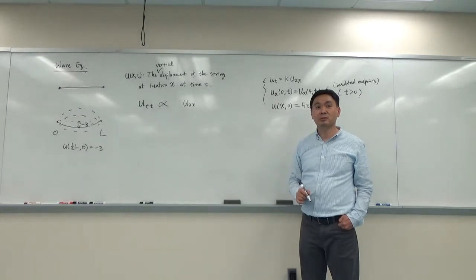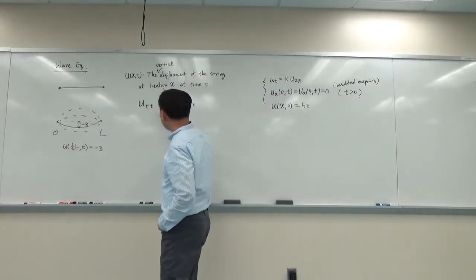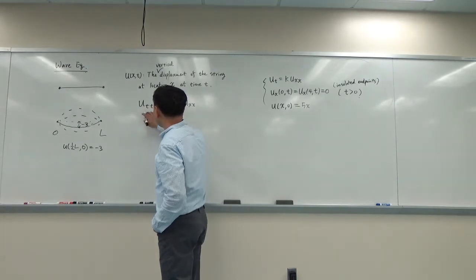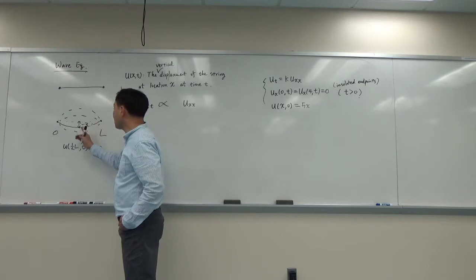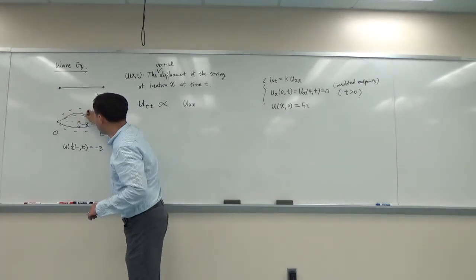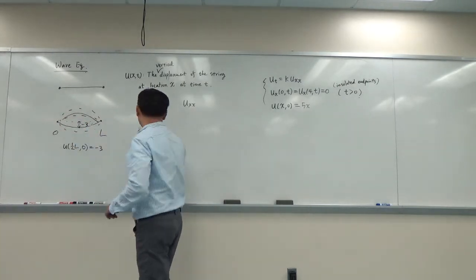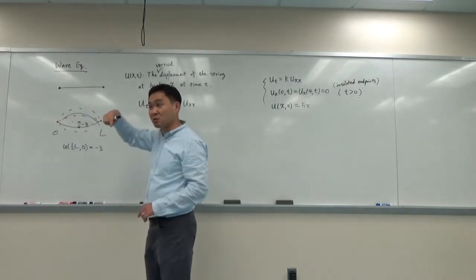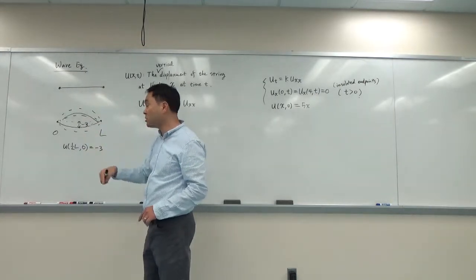So if this is positive, acceleration will be positive because it's pushing it up. If it's concave down, the second derivative is negative, and the acceleration will also be negative because there's a tension building up so that the acceleration is going down.